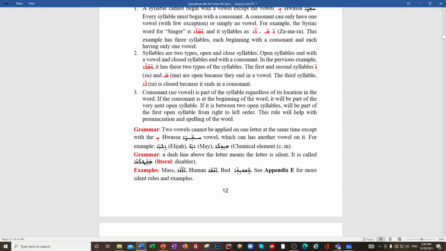The third rule: when I have a letter with no vowel, it is going to be part of the letter that has a vowel as a syllable, so it cannot make a syllable by itself.